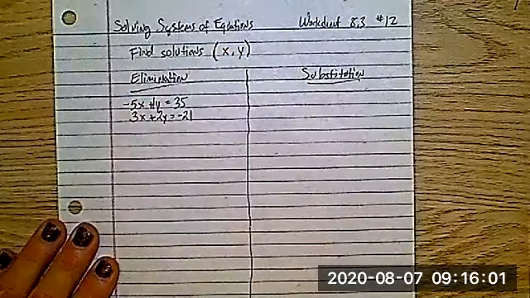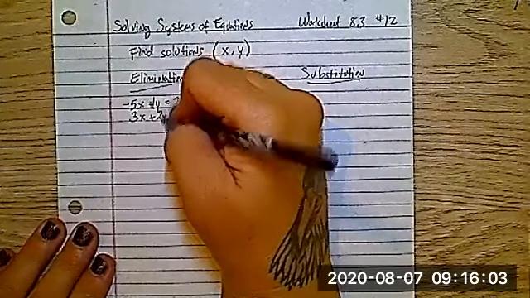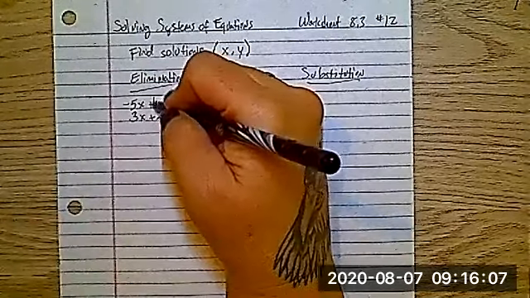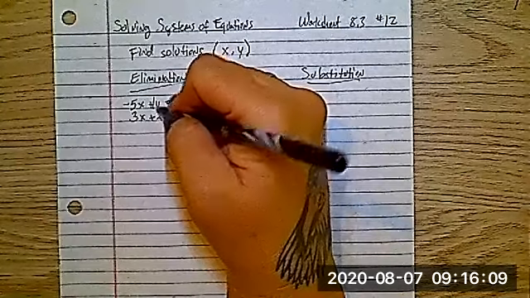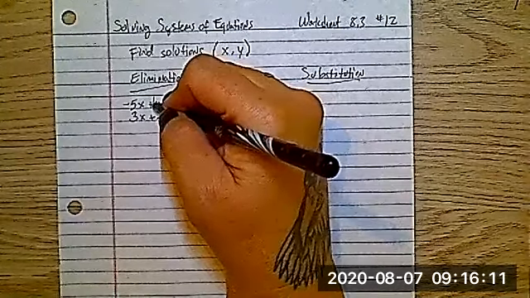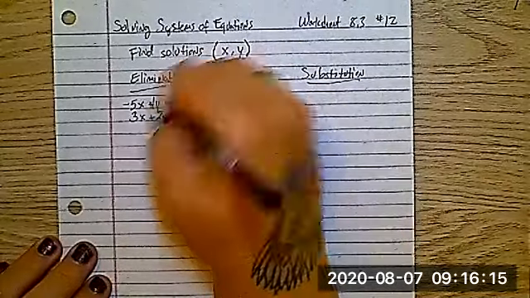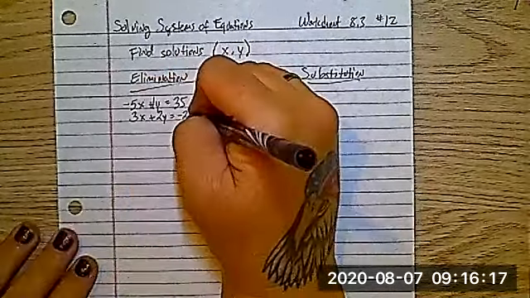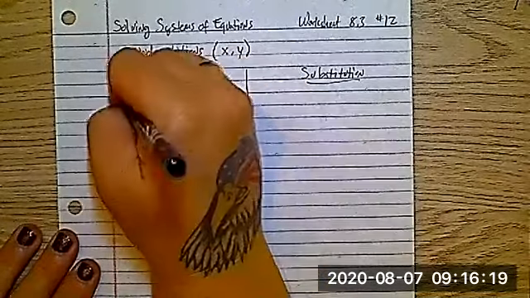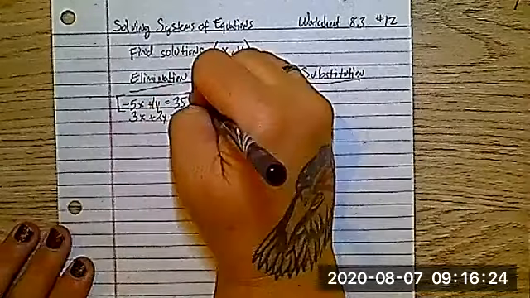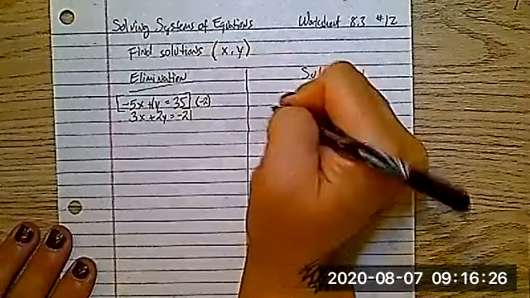That's pretty easy. So I'm going to go with the y's because it would be easy to make 1 into a 2 by multiplying by 2. And I also need this to be a negative. So I'm going to make this a negative 2. Otherwise, I'd have to multiply the top by 2, the bottom by a negative. Ugh, just do it at once. So I'm going to multiply up here by negative 2.